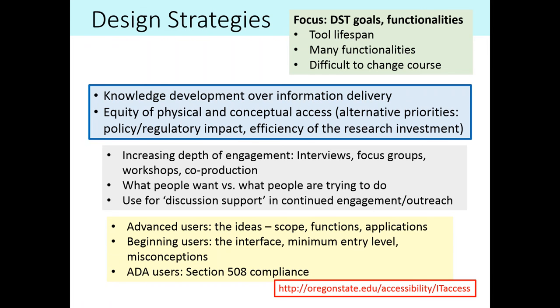And that is, to start off with, how do you decide even what tool to create? It's that whole sequence of the kinds of engagement that the RISA programs or the RISA projects are so good at, and others are good at it too, but the RISA projects have been really good at showing how to do this. That is having this increasing depth of engagement with stakeholders and potential users of a tool, starting with interviews, going to focus groups, doing workshops, and even going all the way through to co-production of a tool.